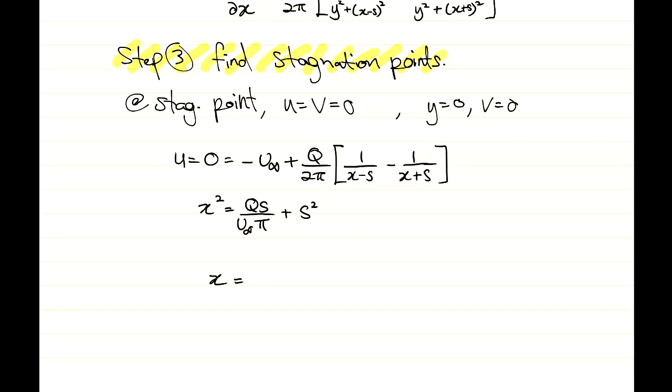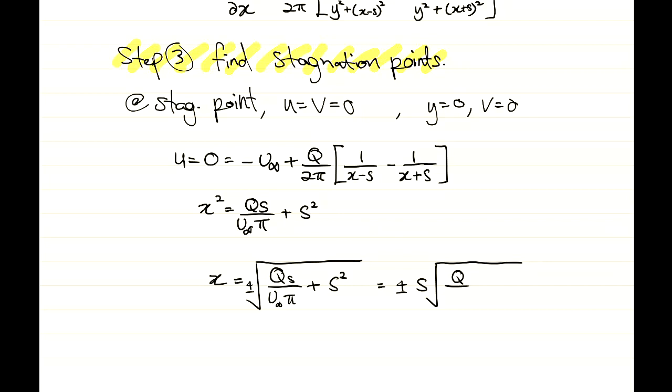And I can then find what x is, okay? So x is just going to be the square root of plus minus qs over u infinity pi plus s squared. Okay, and I'm just going to take out s squared, so I'm going to get plus minus s times the square root of q over u infinity pi s plus 1.